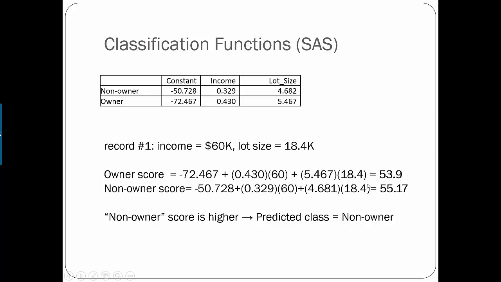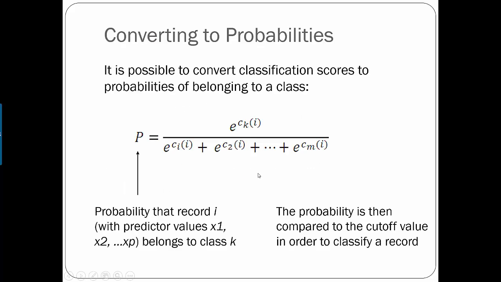Now we can use these discriminant scores to convert them into propensity, the probability of belonging. This obviously is not a probability, because it is not a value between 0 and 1. So to compute probability, we have to use a formula. This is the formula that we use to convert the discriminant score into probability. If you have m classes, you'll have the discriminant function value for m classes, right?